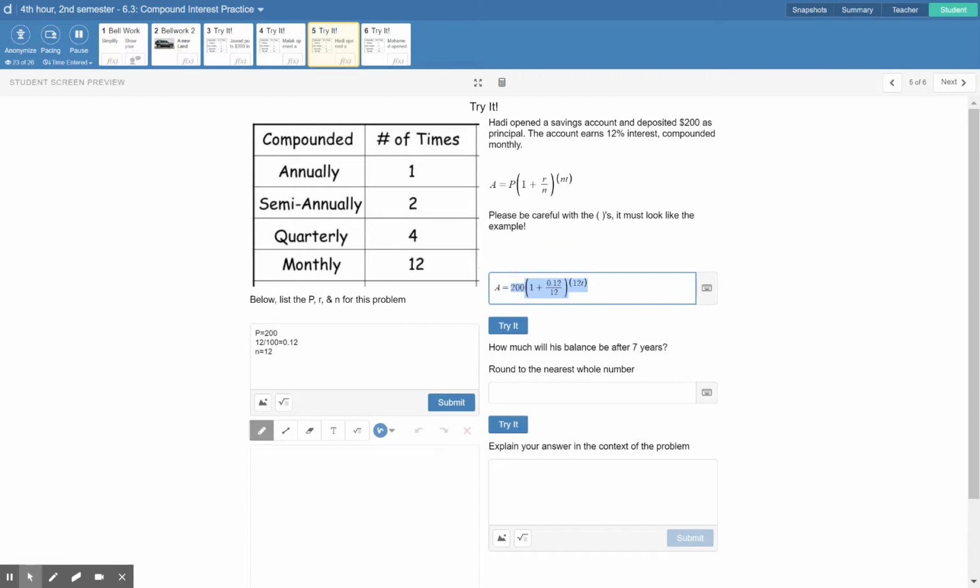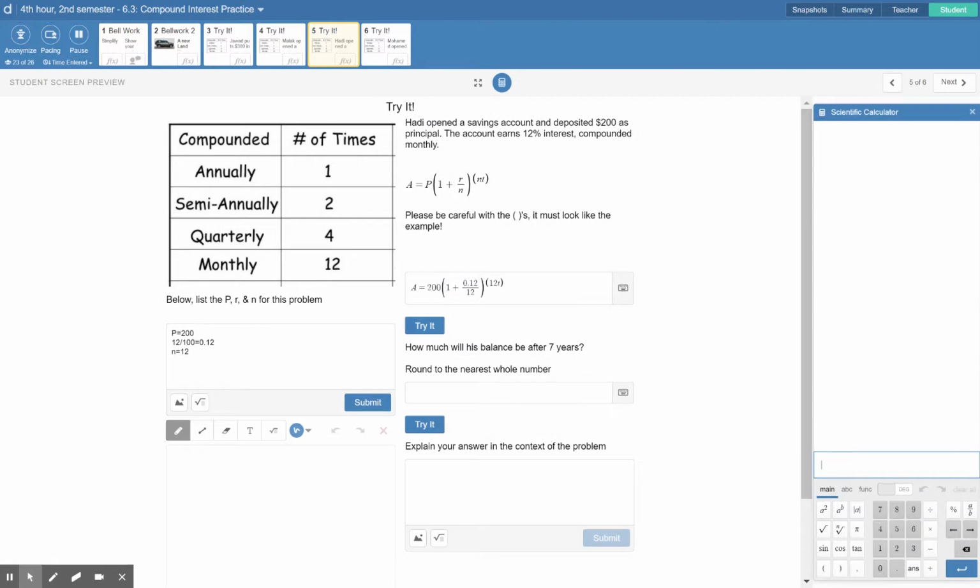Now we want to know what his balance will be after 7 years. So I'm going to replace the t, make sure you do that times, with a 7. Now he's going to have $461. $461 is so much better than $200.